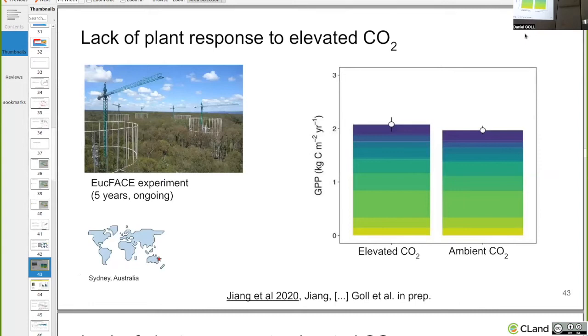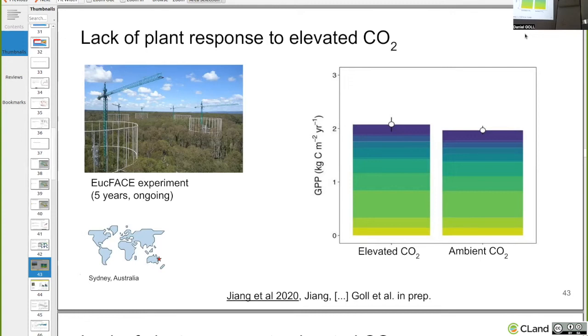We also did work on a new generation of free air carbon enrichment experiments. These are experiments where they fumigate part of the ecosystem with CO2 to look at the difference between the ambient plots and elevated CO2 plots within the rings. This is a famous experiment done in Sydney on a mature eucalyptus stand on very phosphorus-impoverished soils. They found no effect of CO2 fumigation on GPP after 5 years.